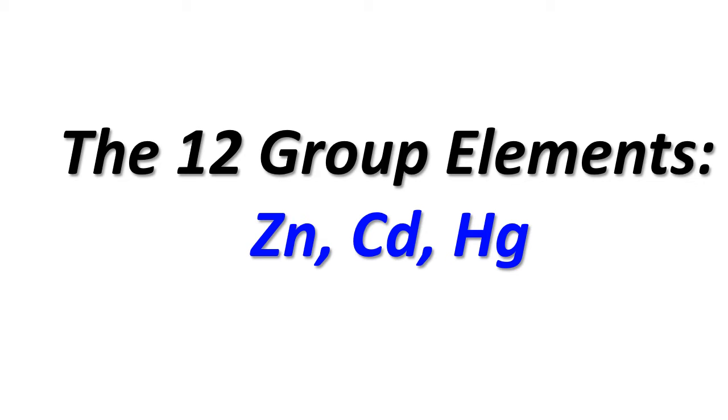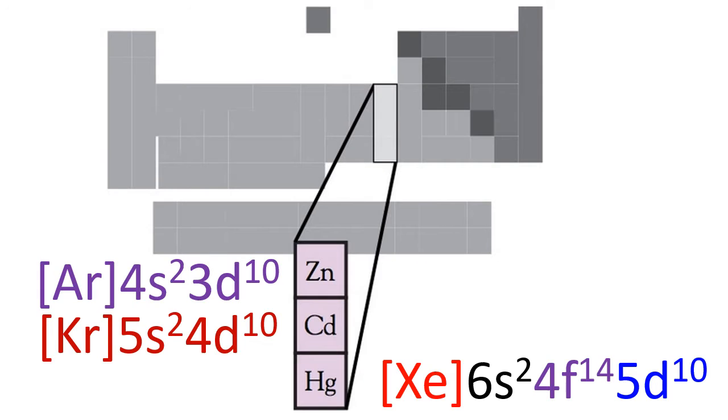The 12th group elements: zinc, cadmium, and mercury. All of them have electron configuration with full d10 shell.